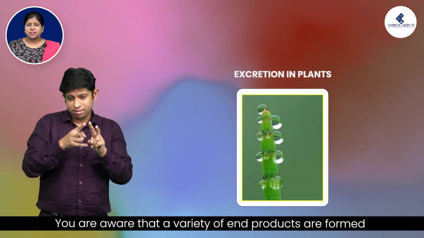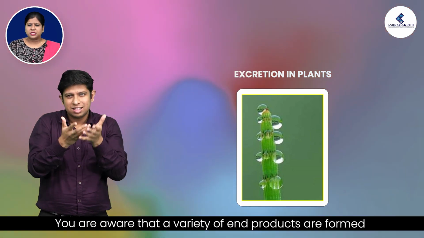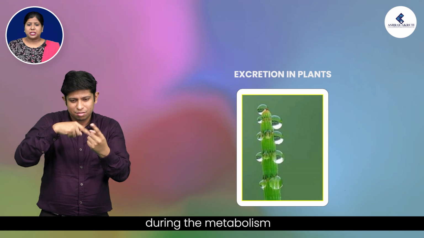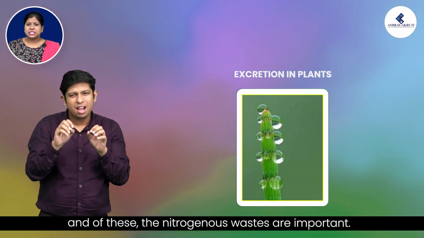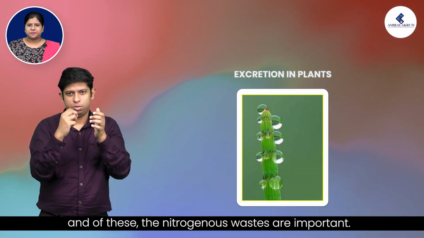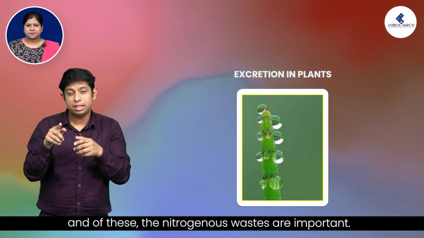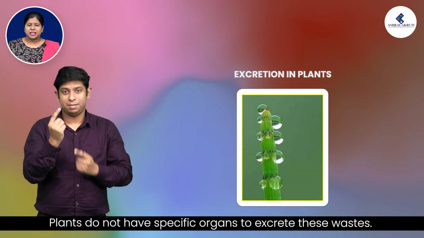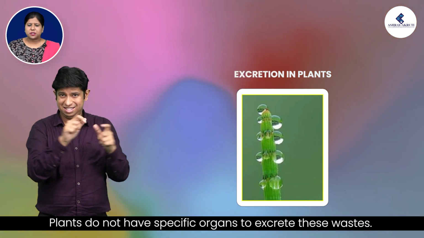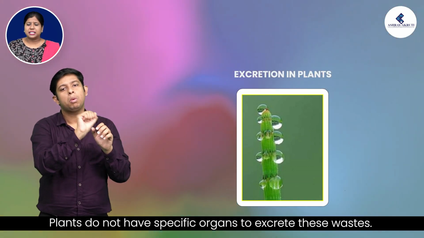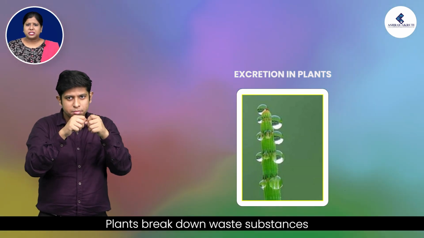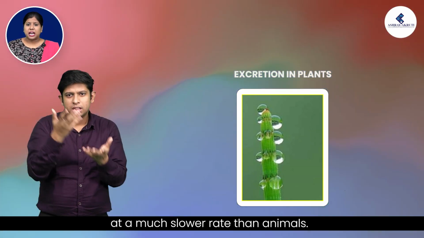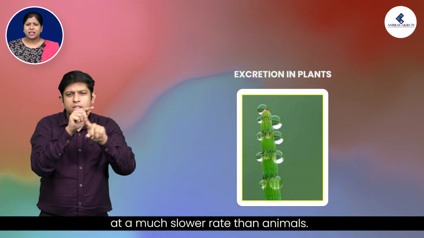You are aware that a variety of end products are formed during the metabolism, and of these, the nitrogenous wastes are important. Plants do not have specific organs to excrete these wastes. Plants break down waste substances at a much slower rate than animals.